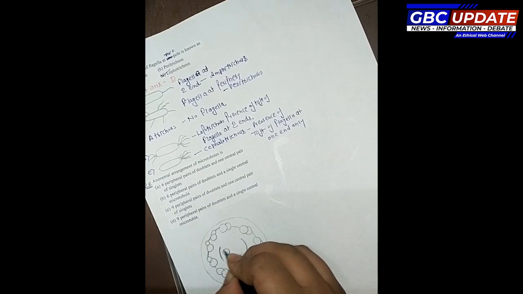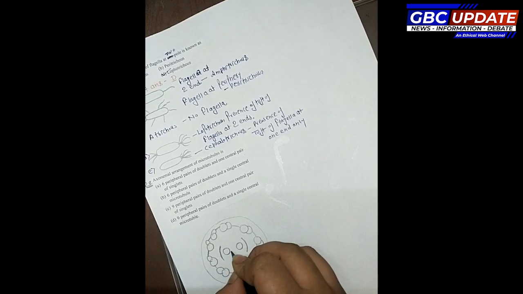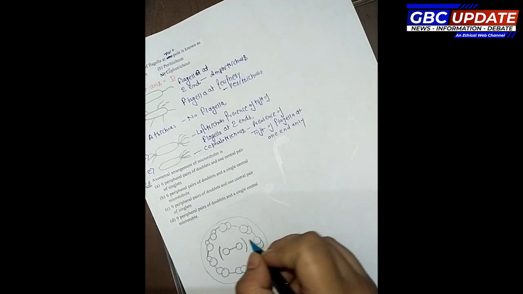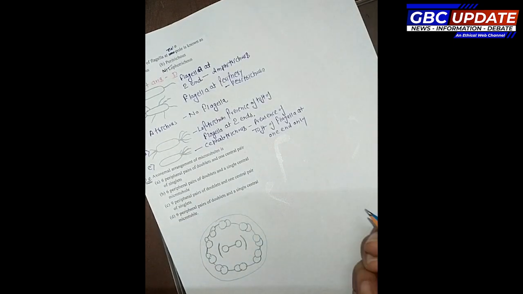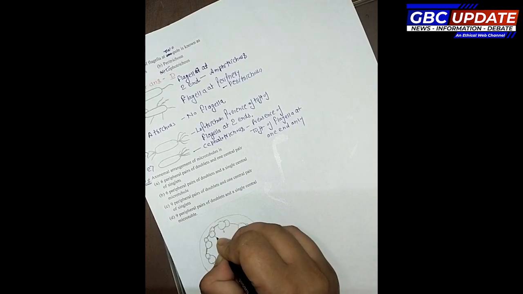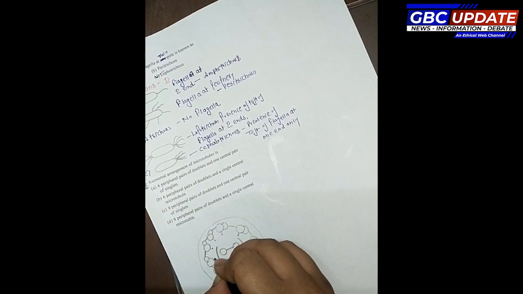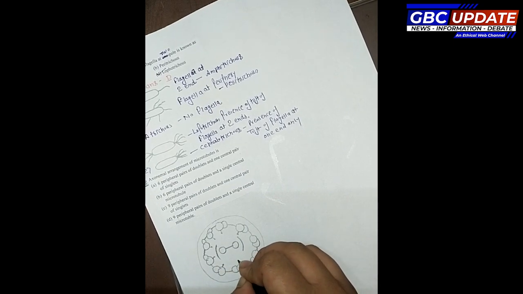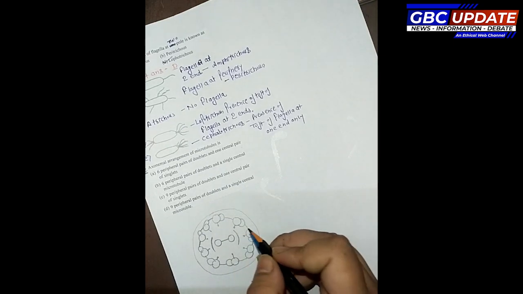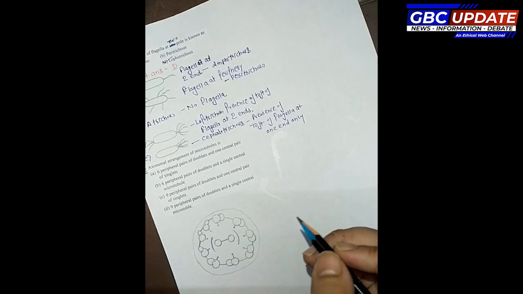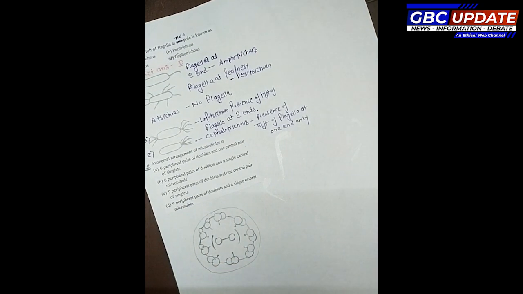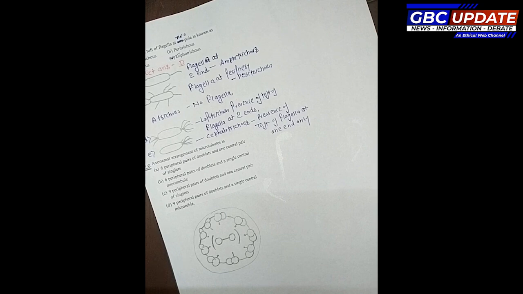Inner to the central sheath, 2 central singlets are present. These are bound to each other through an intersinglet bridge, and the peripheral doublets are joined by a doublet bridge. They contain an inner radial spoke which is attached to the A subtubule. This bridge is also made up of nexin protein, and the radial spoke is also made up of nexin protein.